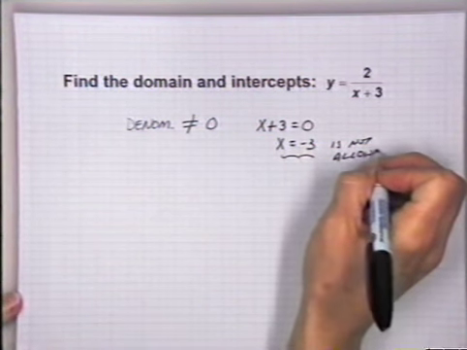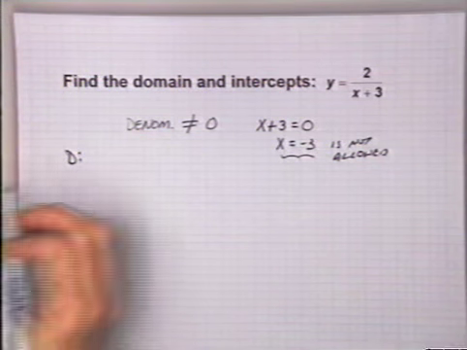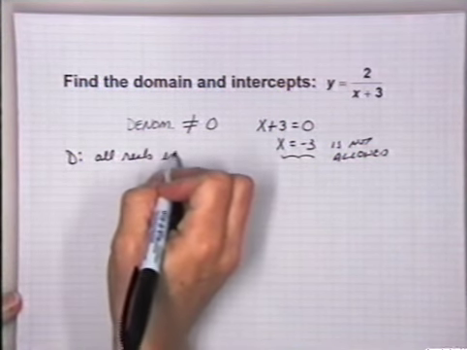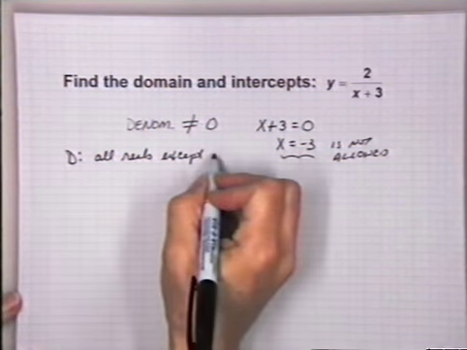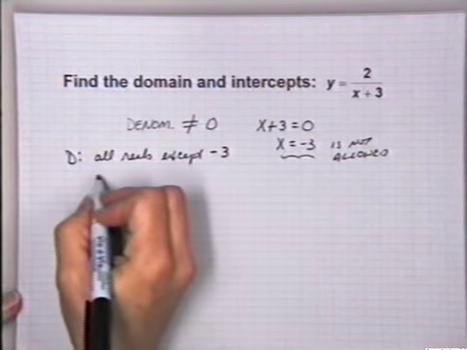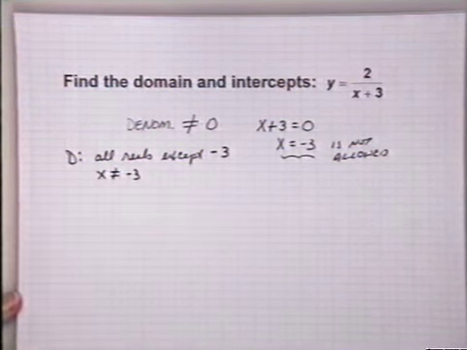And so what we're going to do here to write the domain of our function is we're going to say all reals except negative 3. Now, another way of writing that, if you prefer, is just to make the statement x cannot be negative 3. And we'll keep that in mind. Of course, you can also use interval notation to write this domain.